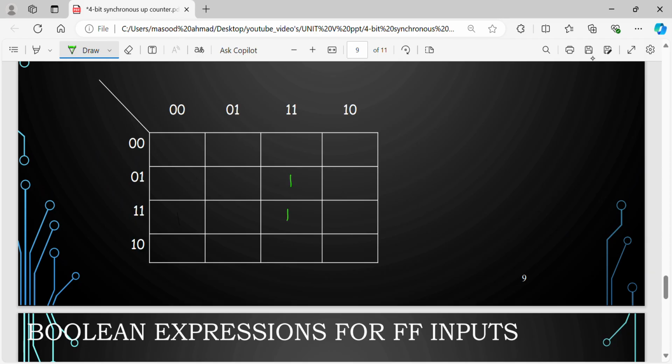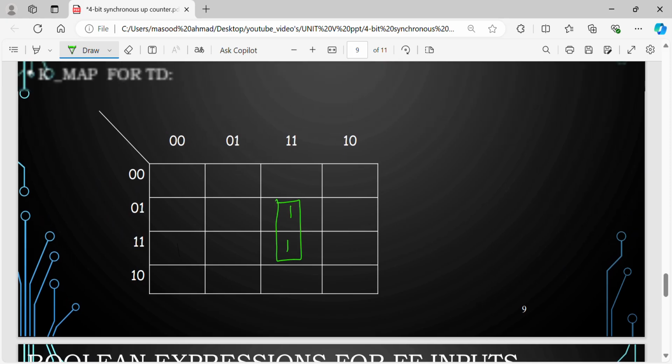Where is 15? It is here. If I combine them, this is your QA, QB, QC and QD. QD is your MSB, QA is your LSB.